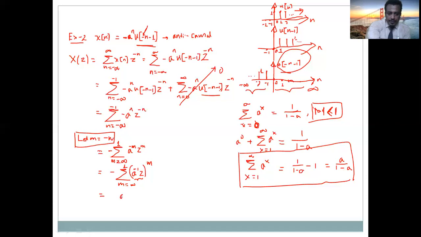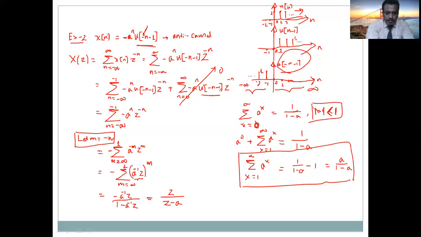So minus 1 z divided by 1 minus a to the minus 1 z. Here we have the negative from before. Because of the negative, this summation will be z over z minus a.